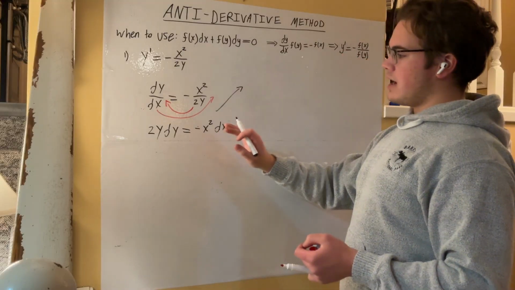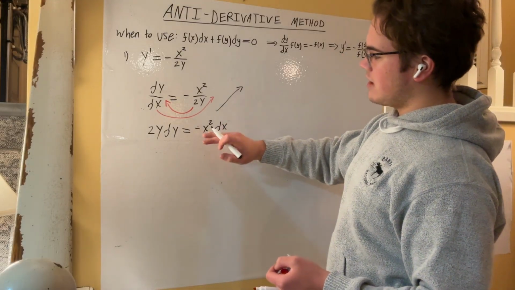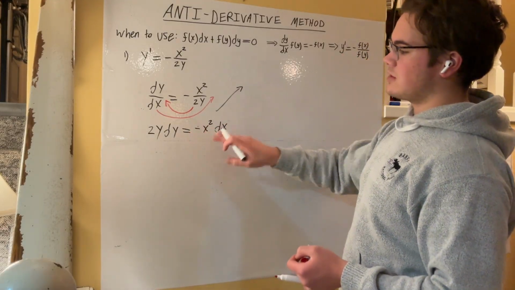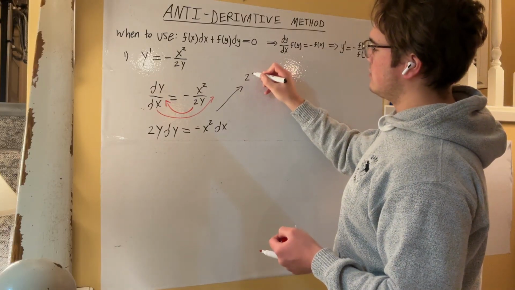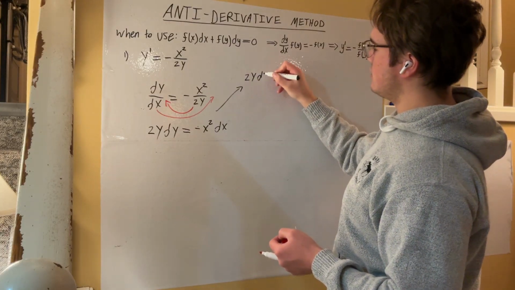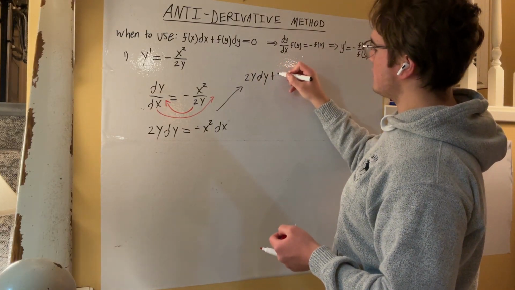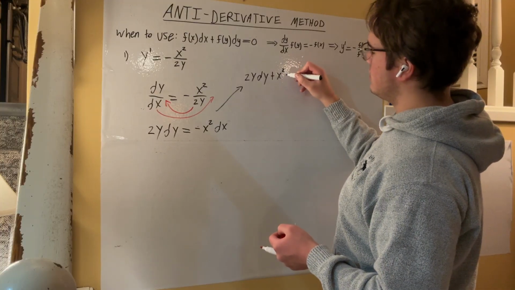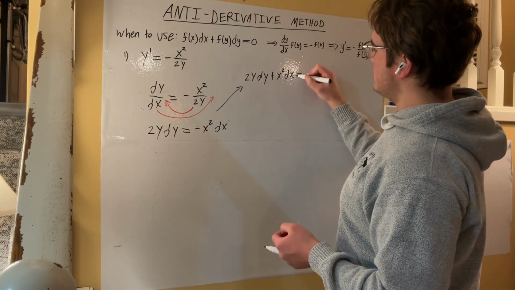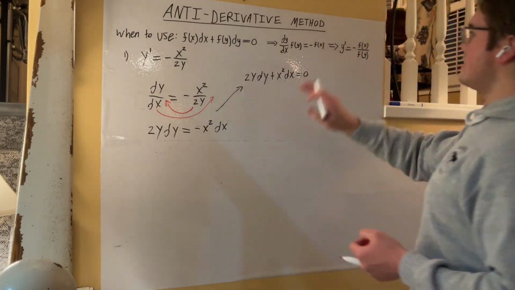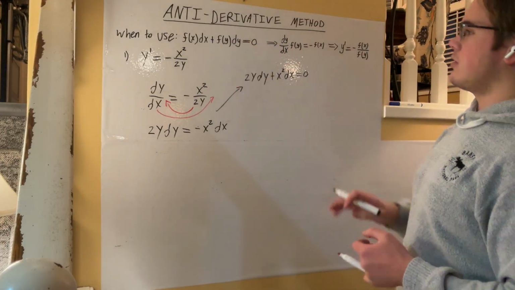We're good in this form, but just to show you, if we were to add x squared dx on either side, we'd end up getting 2y dy plus x squared dx equals 0, which is exactly the form that we're looking for here.